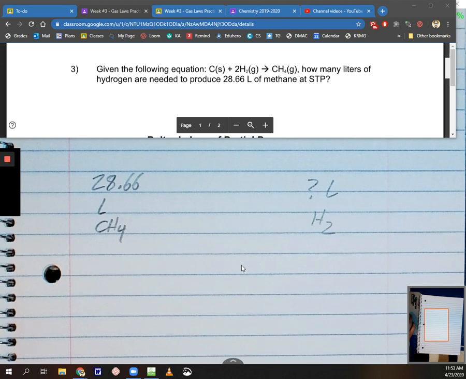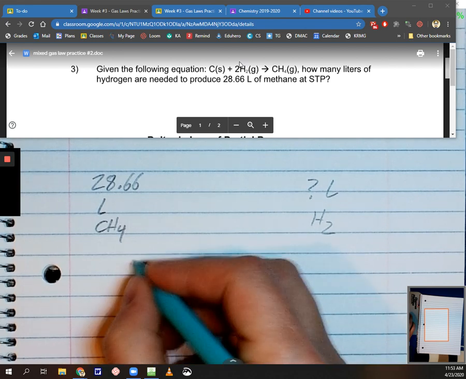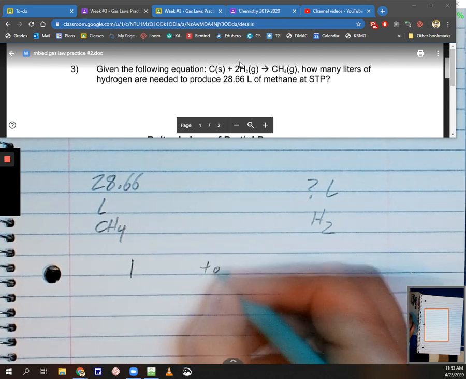Okay, now I'm going to come up here to the balanced equation. I'm going to see that there's 1 mole of methane made for every 2 moles of hydrogen that go into it. So my ratio of methane to hydrogen is 1 to 2.